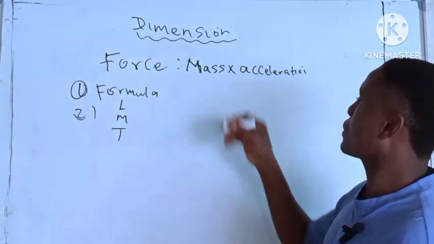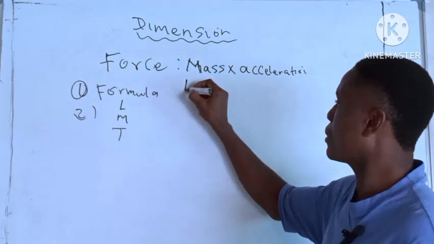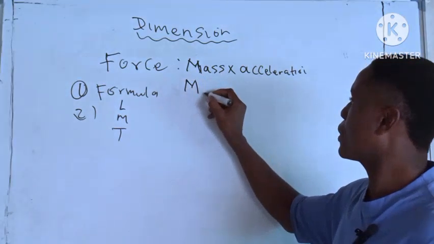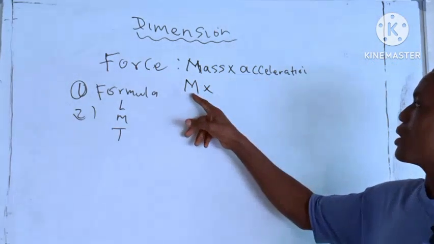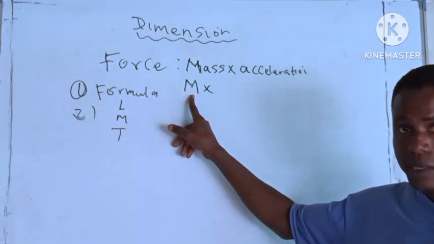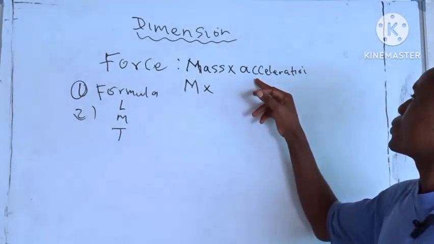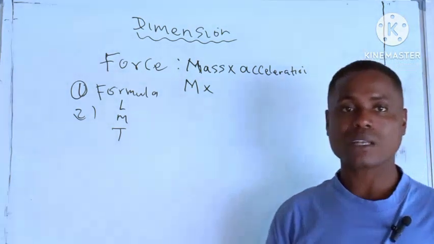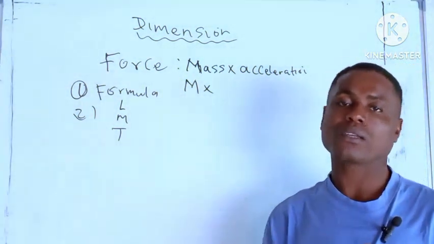Let's use the symbols. The symbol of mass is m, right? Multiplied by acceleration. There is no formula of mass again. Now, acceleration has its own formula.